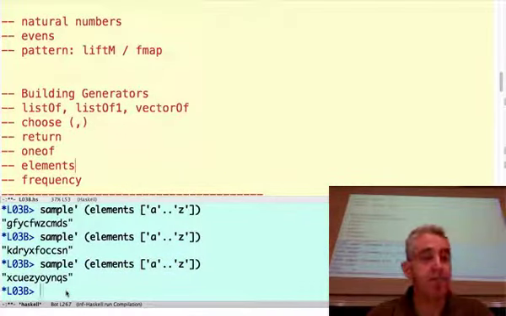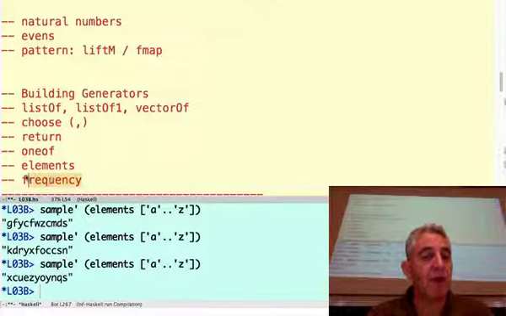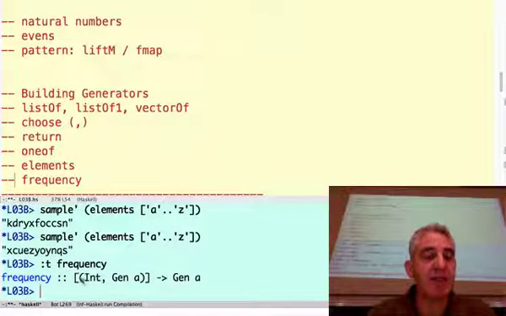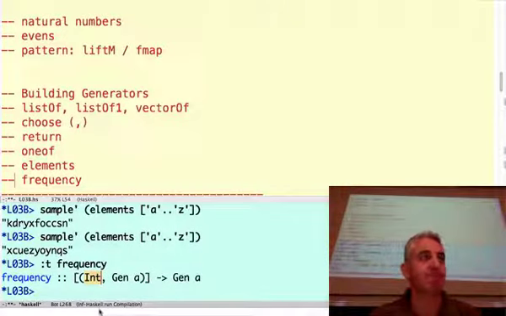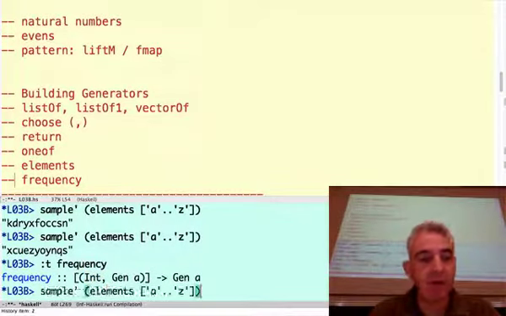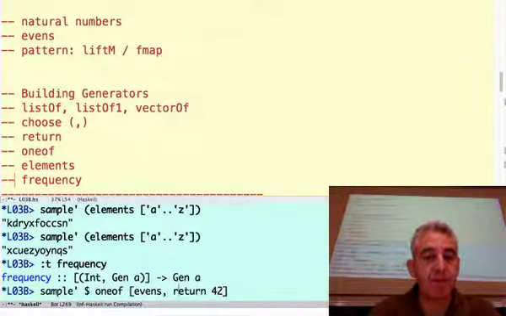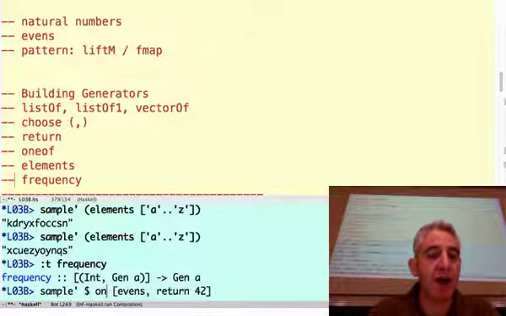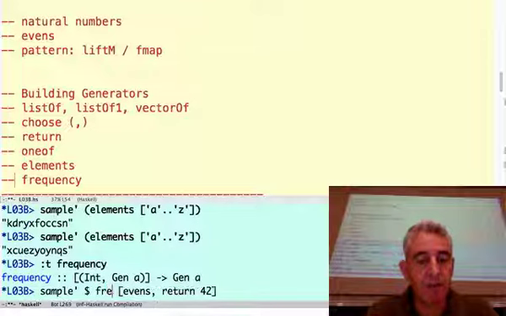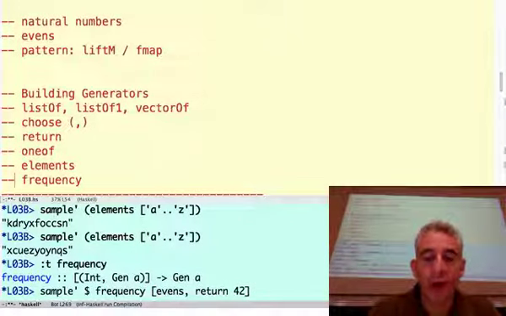Okay, frequency is a way of adjusting the frequency of the generated data. The type of frequency takes a list of pairs of a generator and a weight. And it's basically weighting the chance that you will pick the given generator. So if I take one of my earlier examples, evens and 42, if instead of oneof we use frequency, then we can weight the probability.